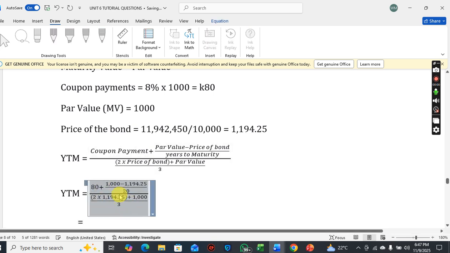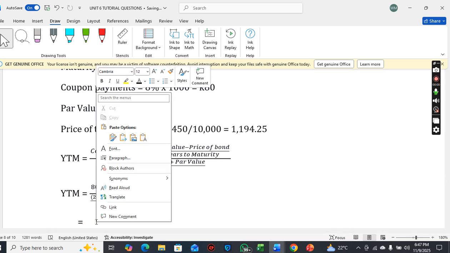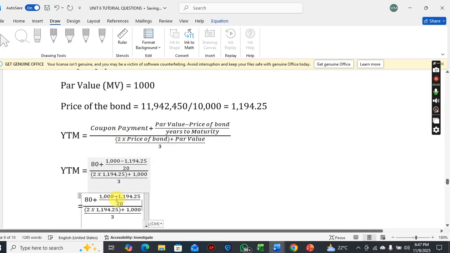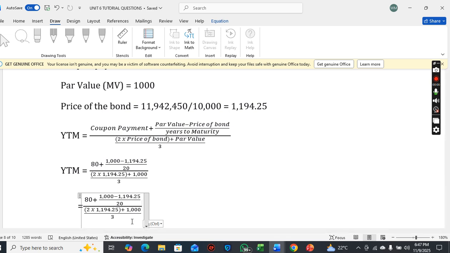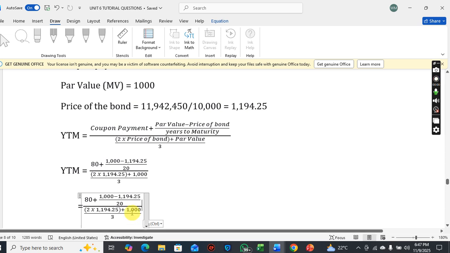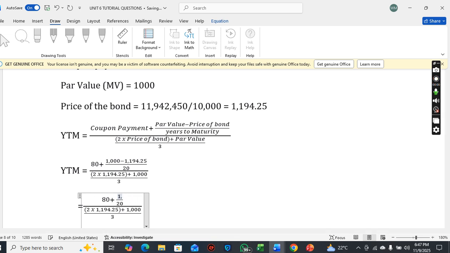You start with the fractions which are within the fractions. So 1,000 minus 1,194.25 is negative 194.25.